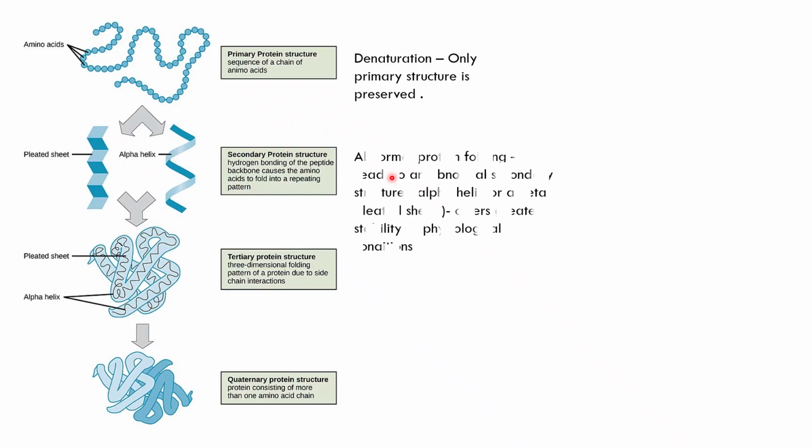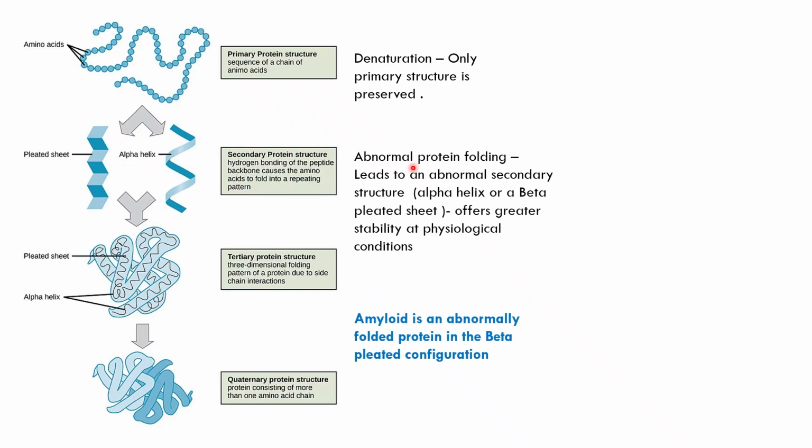There is an abnormally folded protein in the beta pleated configuration, amyloid. When we denature the protein, only the primary structure is preserved. What is primary structure? This is the sequence of the chain of amino acids. You can see this chain.